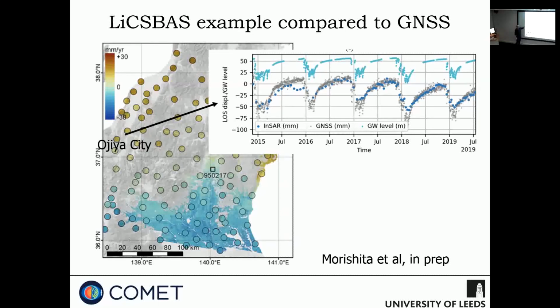Also, if you look at the detail of the temporal history, it compares very nicely. In this figure, the grey and blue dots show the comparison between InSAR and GNSS in time, and you see a very regular deformation going on. In blue, you can see the groundwater level changes.